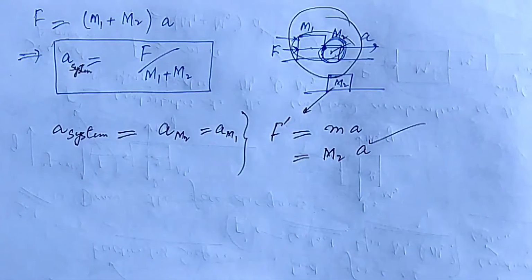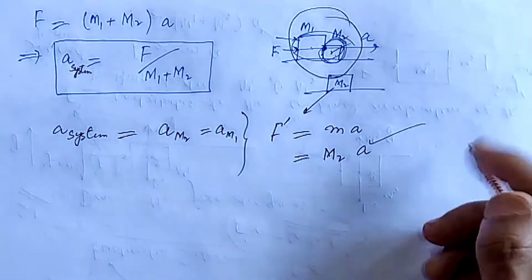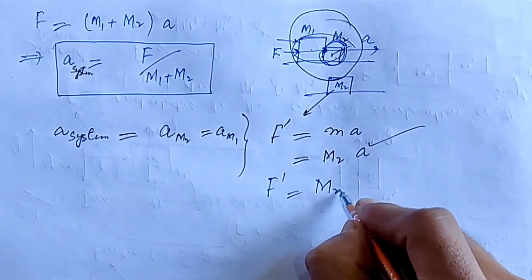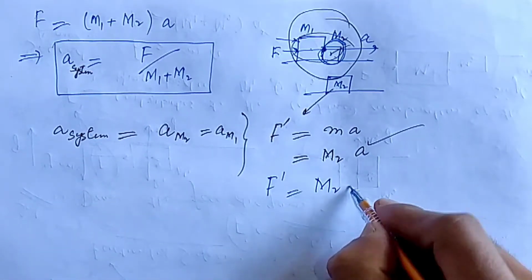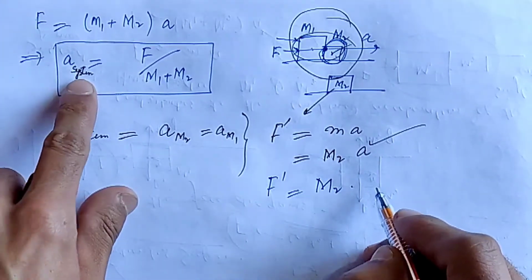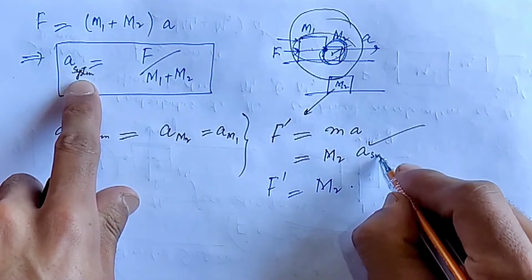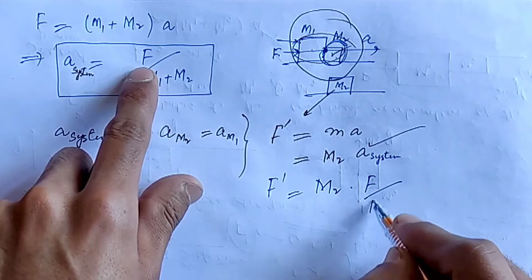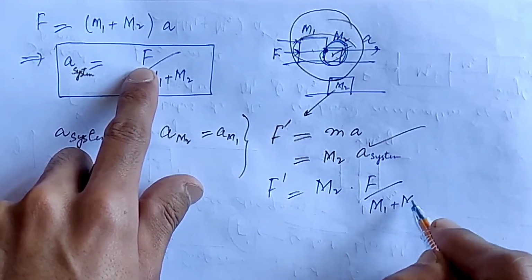So we get F prime equal to the mass of the second body multiplied by the acceleration of the system, which is F by m1 plus m2.